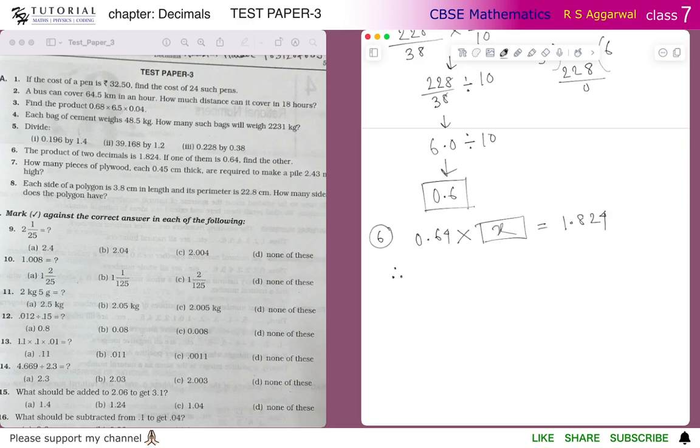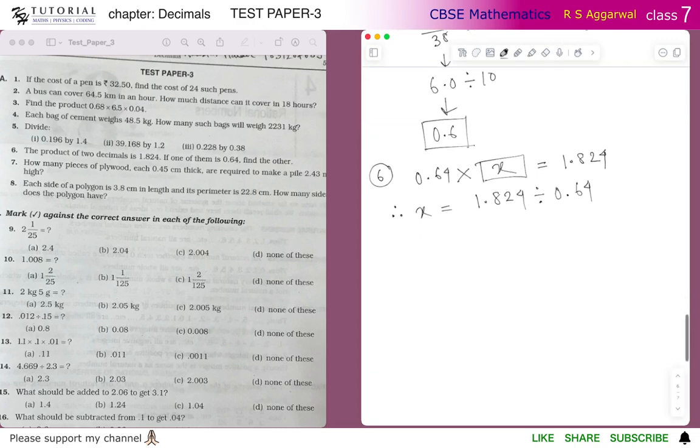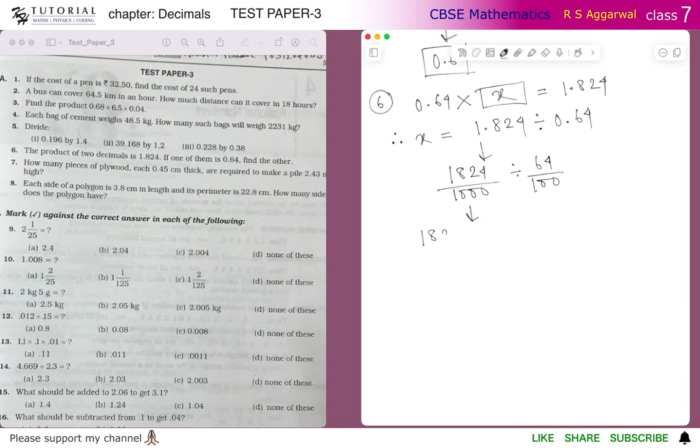So clearly we know that x will be 1.824 divided by 0.64. We have to do this division. First we convert the decimal numbers to decimal fractions, and this becomes 1824 by 1000 divided by 64 by 100, which means multiplied by 100 by 64.